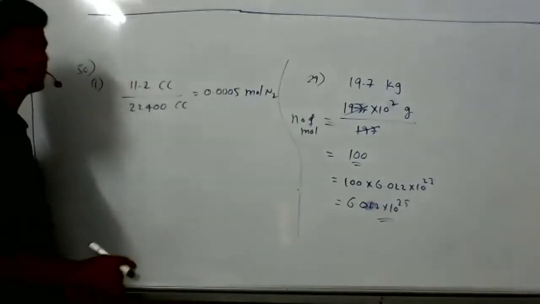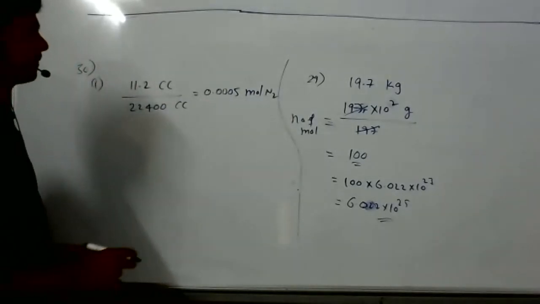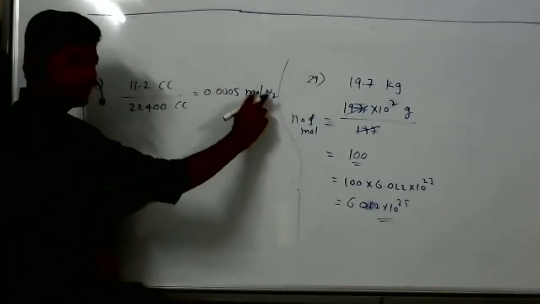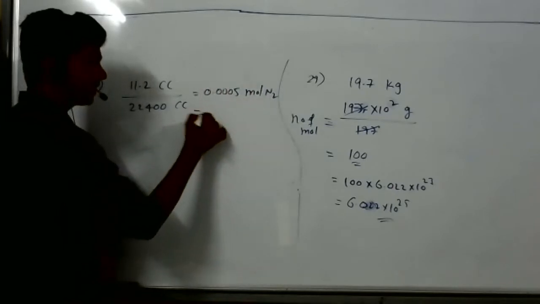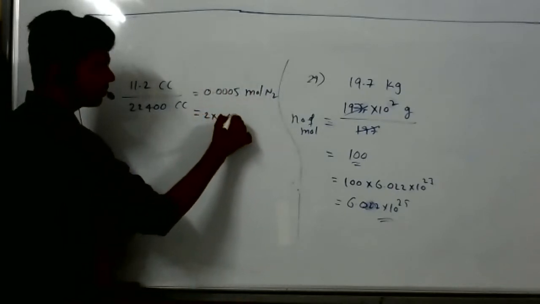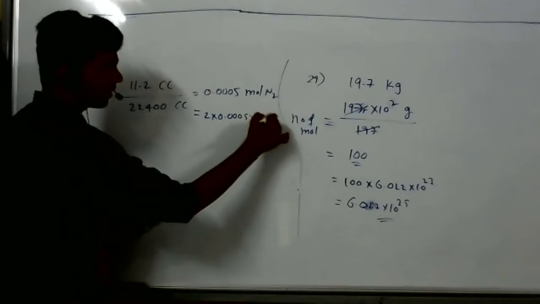We have to convert this into atoms. Each N2 has 2 nitrogen atoms, so multiply 2 into 0.0005 into Avogadro number.